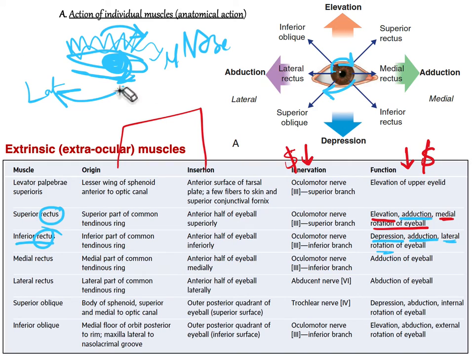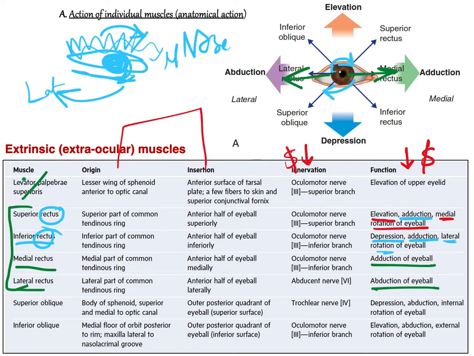I don't want to make it really complicated, but medial rectus, lateral rectus, very easy muscles. The medial rectus adducts the eye. This is the medial rectus. We talked about it. The lateral rectus pulls the eye laterally. That's it. We finished these muscles, right?